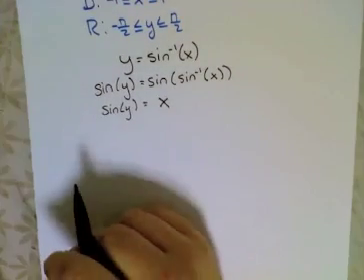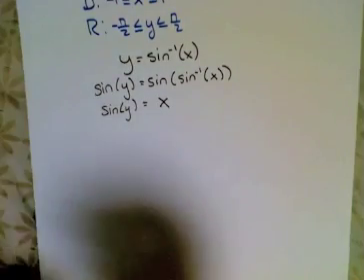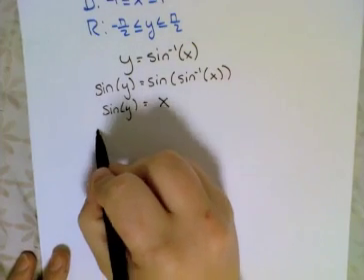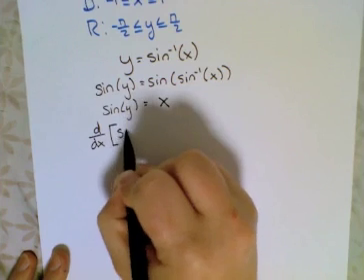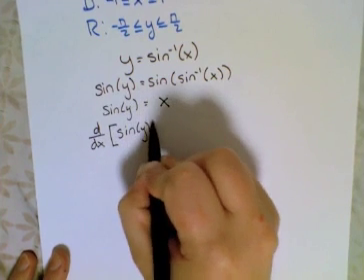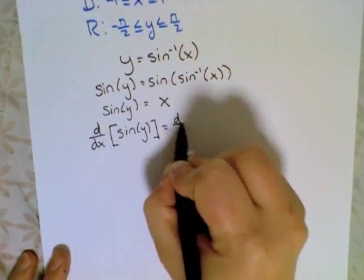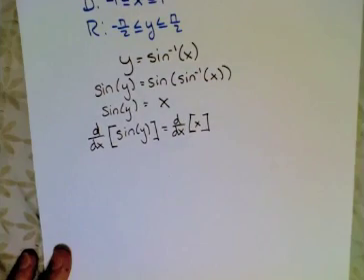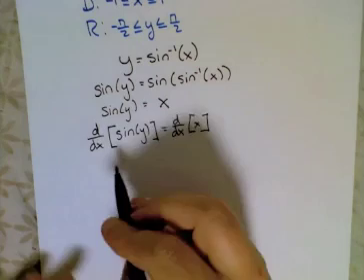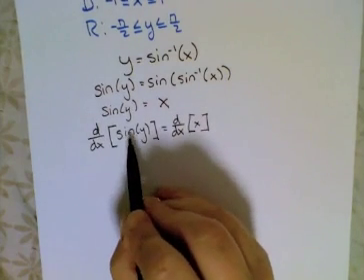Alrighty, then we can take the derivative of both of these. So we're going to take the derivative in terms of x of the sine of y, and we're going to take the derivative in terms of x of x. Well, the derivative of the sine is the cosine.